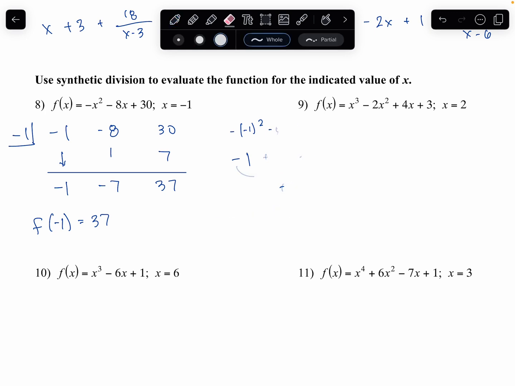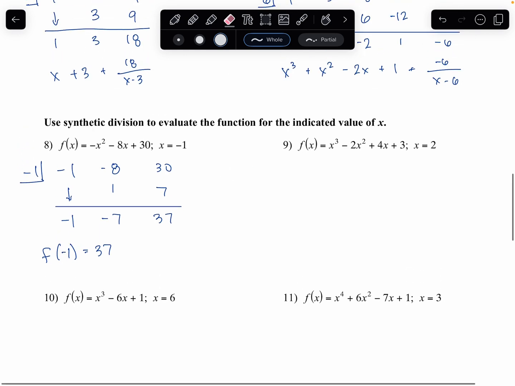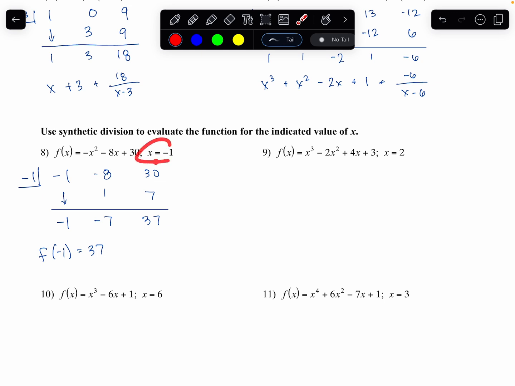It's a cool way to evaluate a function without using a calculator. If you don't have a calculator, instead of plugging it in, you can just do some arithmetic and get the remainder, which is the same thing as the output.